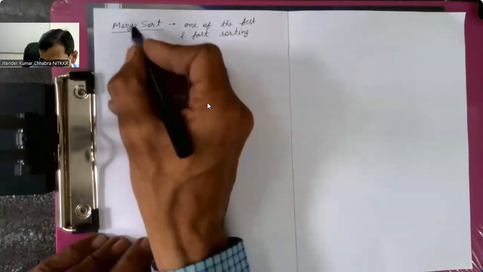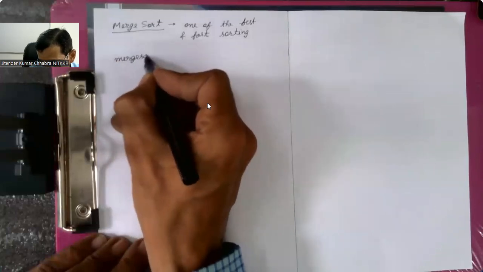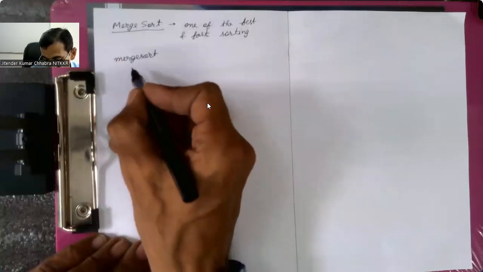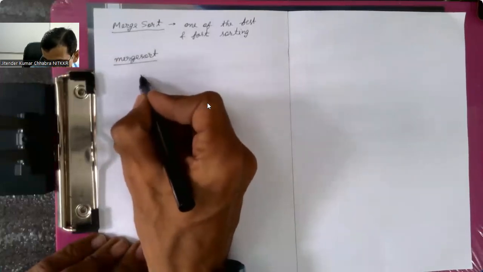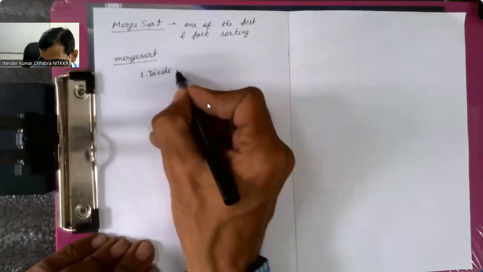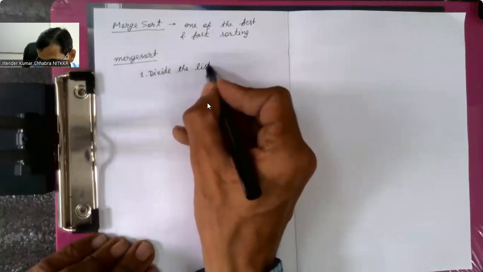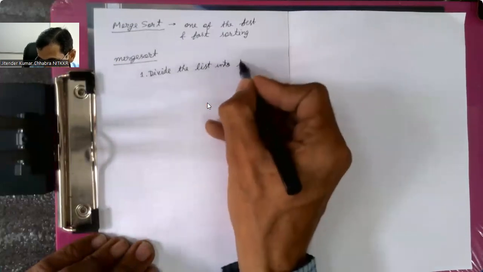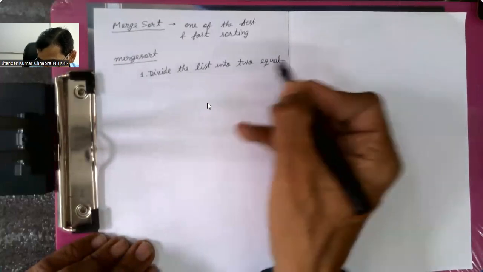And we will define what merge sort means. So merge sort, I will define, effectively has 3 steps. Number 1, divide your list, or divide the array or list, whatever you have, into 2 equal sized sublists.